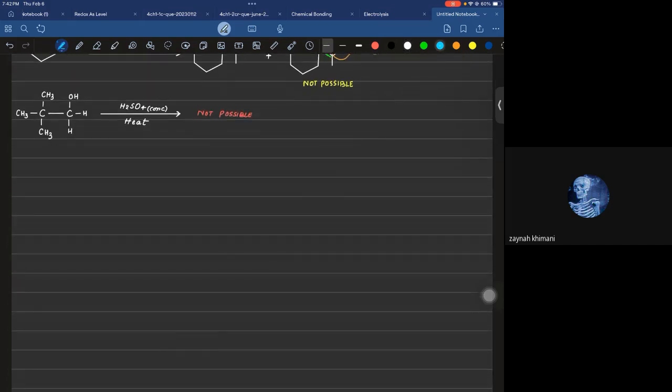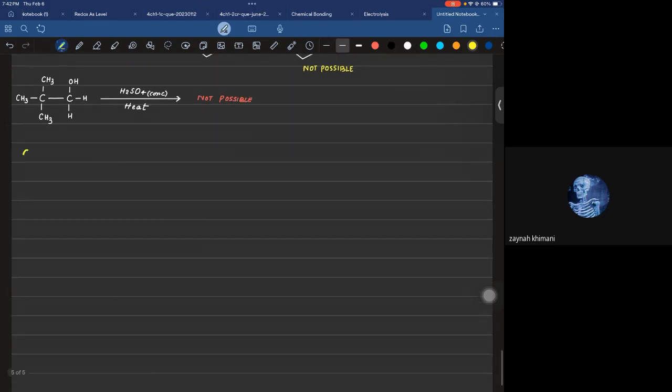Oxidation means addition of oxygen and removal of hydrogen.